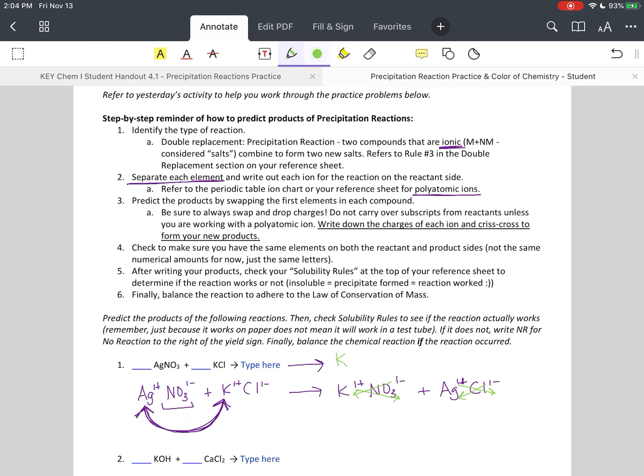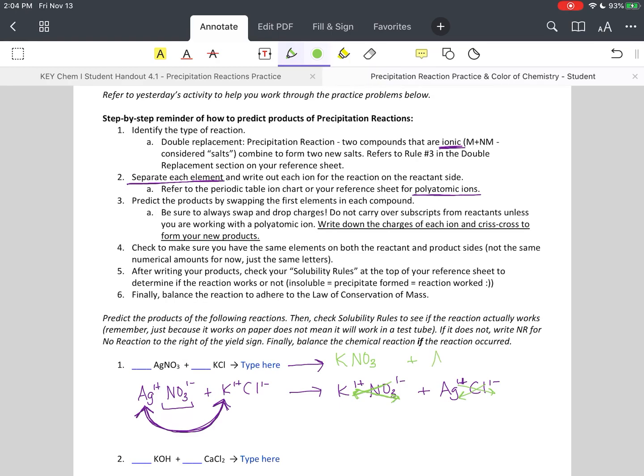So my products would be a K for potassium, and then this 1 from nitrate is going to crisscross down. But remember, 1s are invisible, so I do not have to write it. I'm just going to write the NO3 next, and then this 1 is going to crisscross down to the bottom. Remember, I don't have to write an invisible 1.